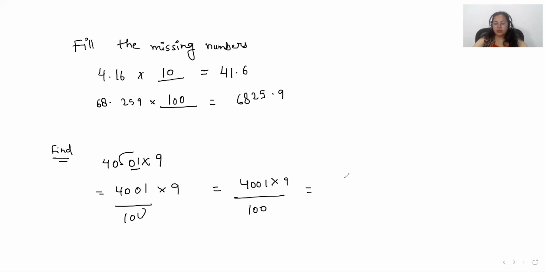Multiplied, you get 36,009 over 100. How many zeros? 2 zeros. So put the decimal after 2 digits. That's how you can solve it. Just remove the decimal, put zeros for the number of digits after the decimal, then multiply and put the decimal again.